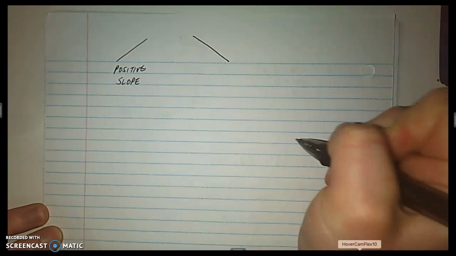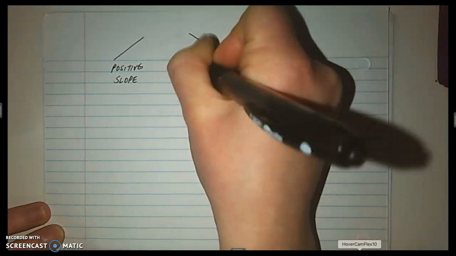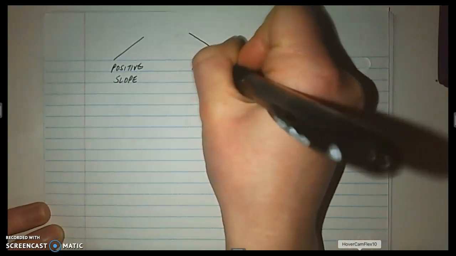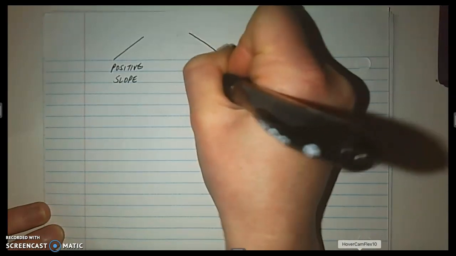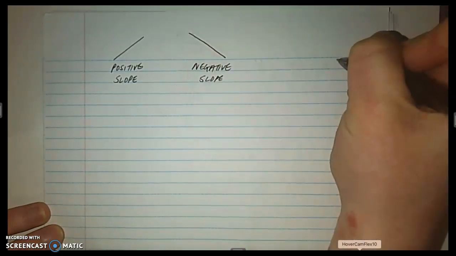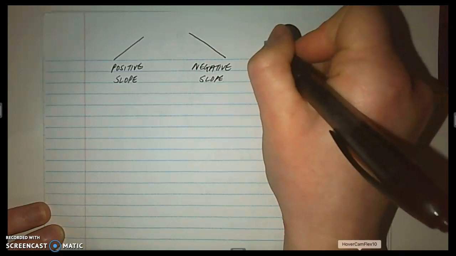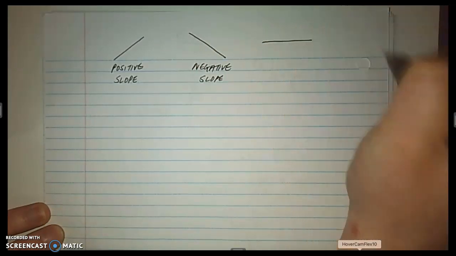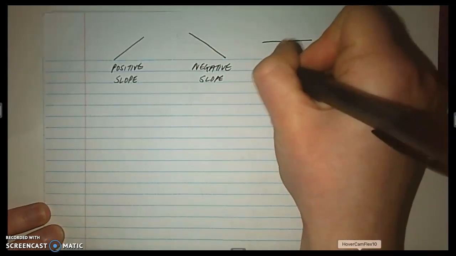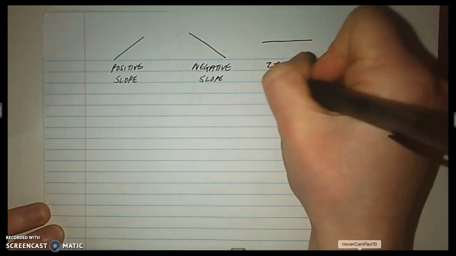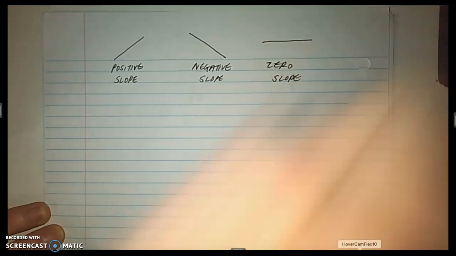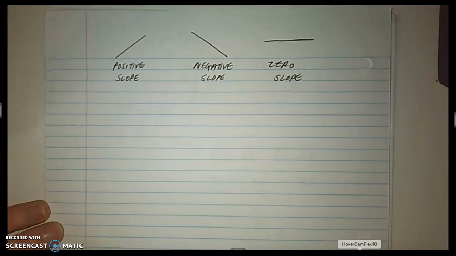The line is decreasing from left to right. So that's a negative slope. And then a slope of 0 means that the line is perfectly horizontal. There's no increase or decrease as you move from left to right. Okay, so those are our three possibilities.